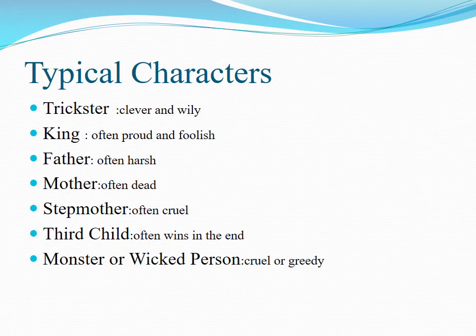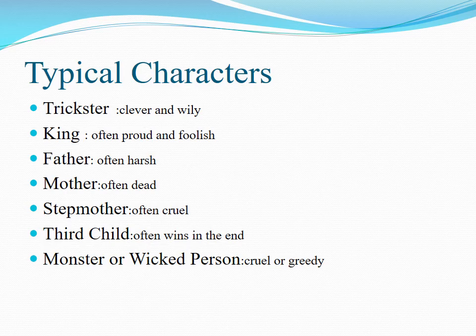So third, child. At the end when there is a resolution of the story, always the hero or heroine wins. So in a traditional tale, often the third child wins in the end. Actually, if you have read your traditional tale, you can see that there were 3 sons and 1 father, and the father set a target.